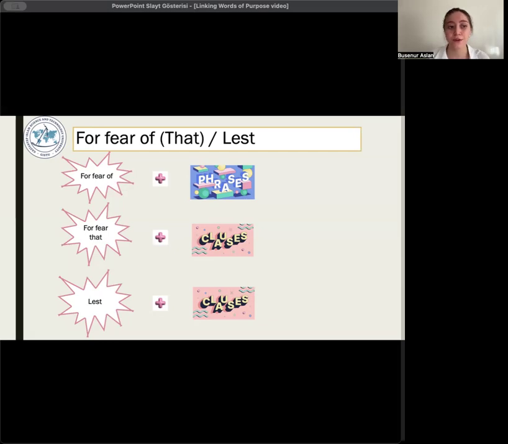But let's first look at the structure. For fear of, you see of is a preposition, and after of, you should bring a noun phrase, ing formation. And for fear that, remember, you should bring a clause. And lest also takes clauses, subject verb formation.